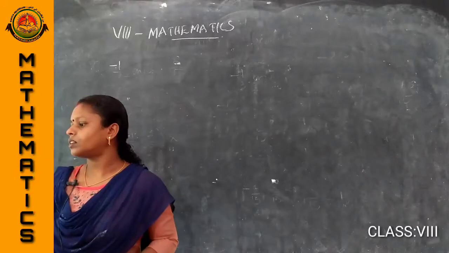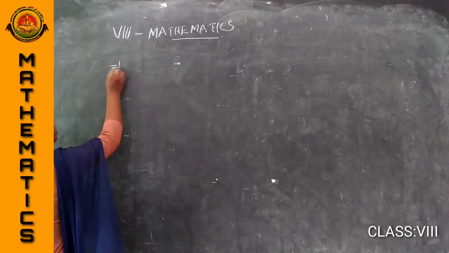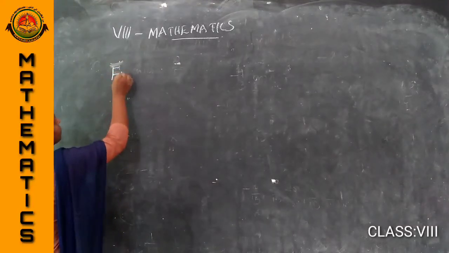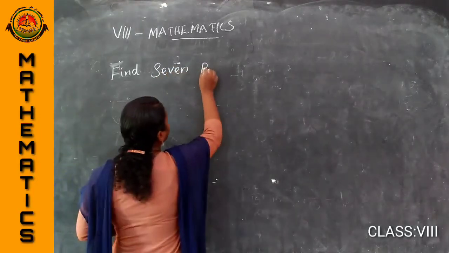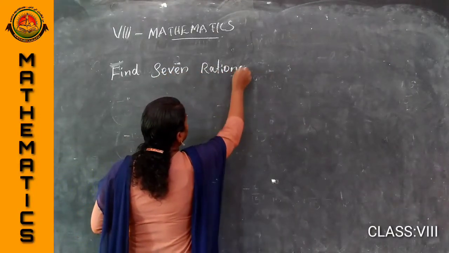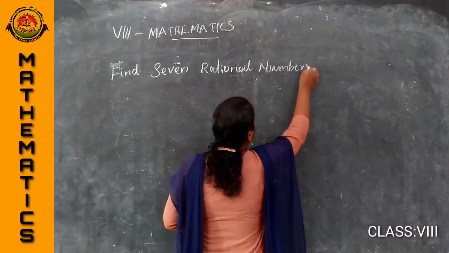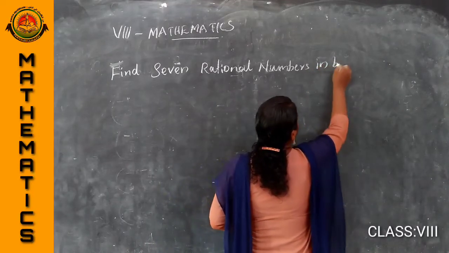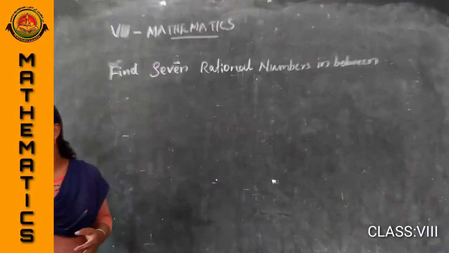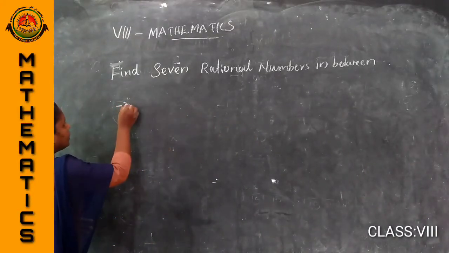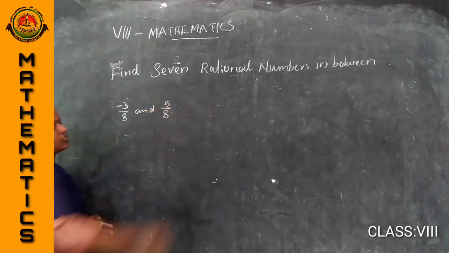Okay, then next question. Find 7 rational numbers in between negative 3 by 8 and 5 by 8.